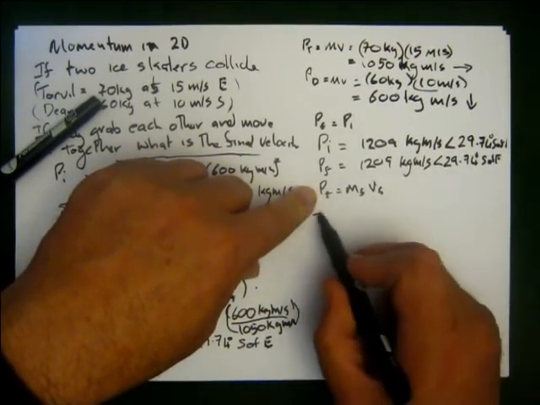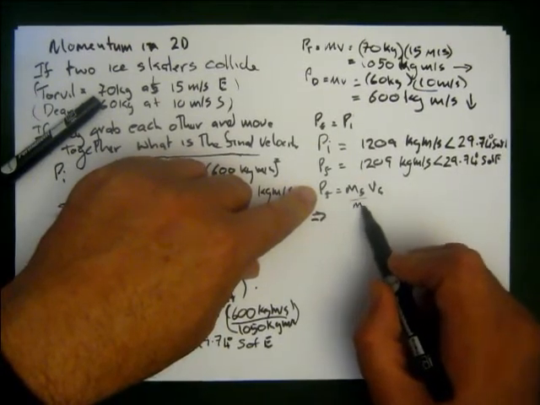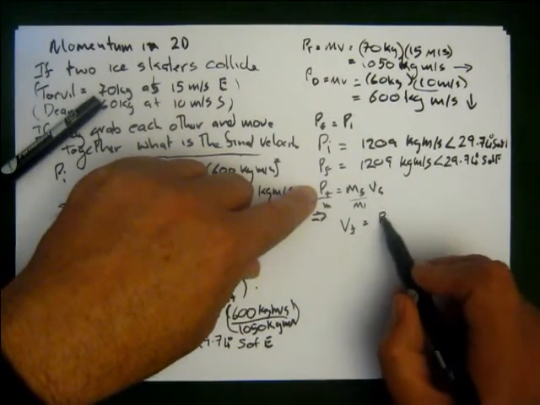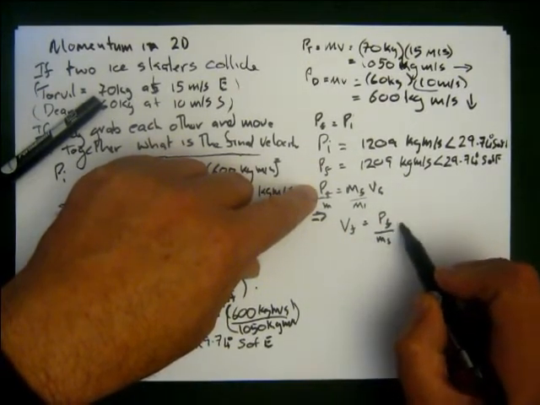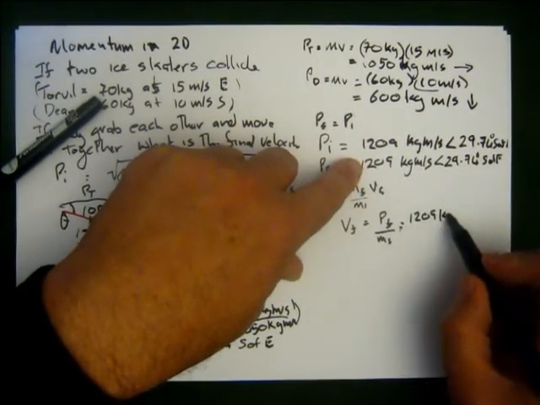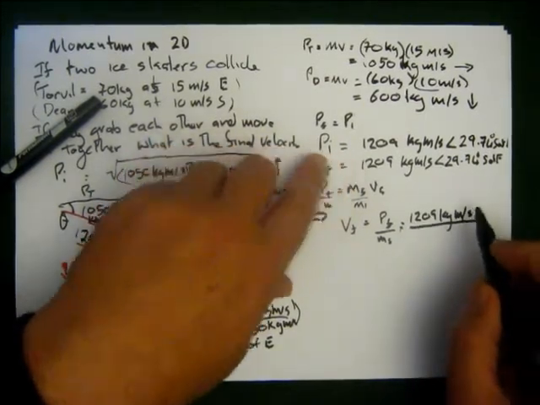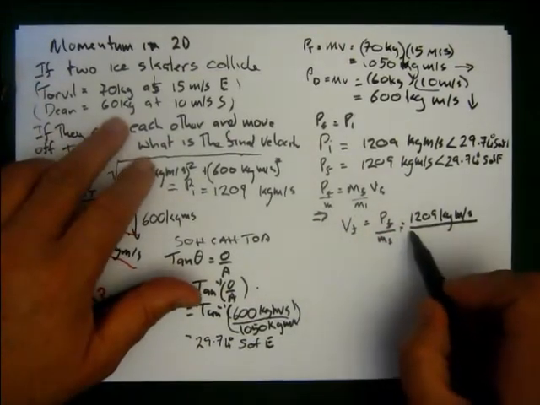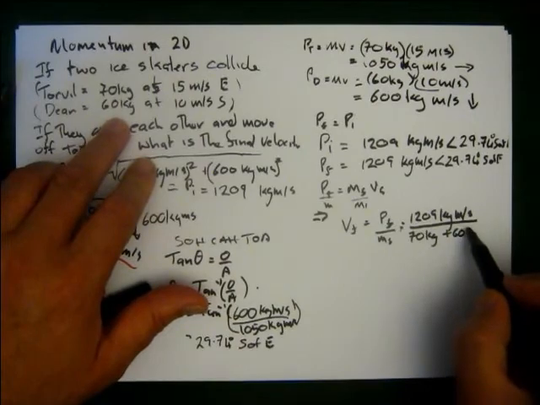So I rearrange that for VF: VF equals momentum final divided by mass final, equals 1209 kilogram meters per second over, well, they're hanging together, so it's going to be their combined mass now, 70 kg plus 60 kg.